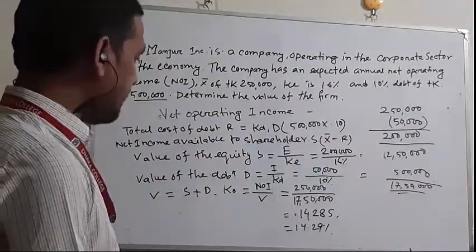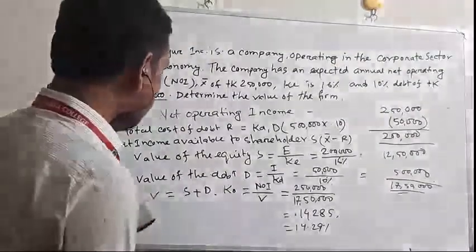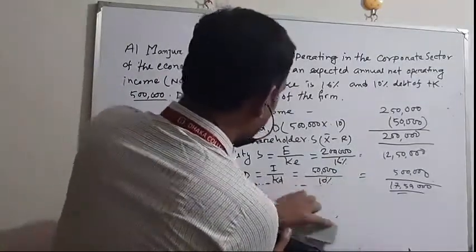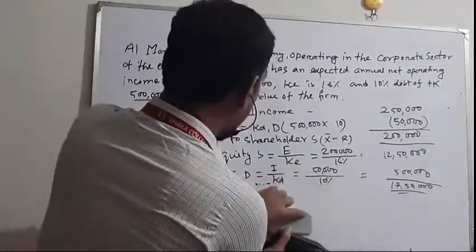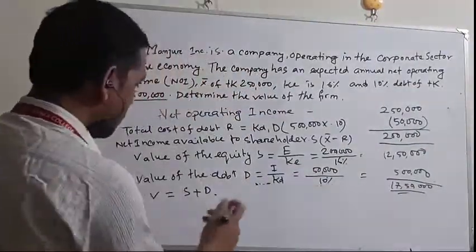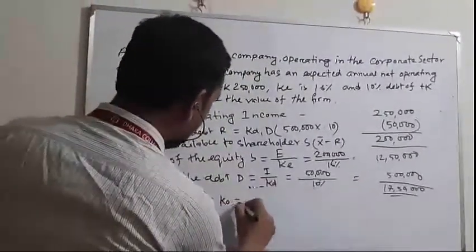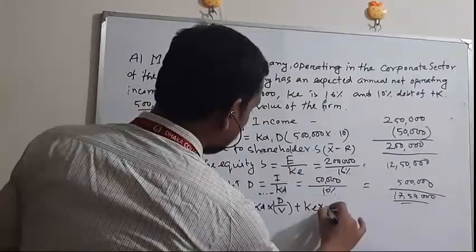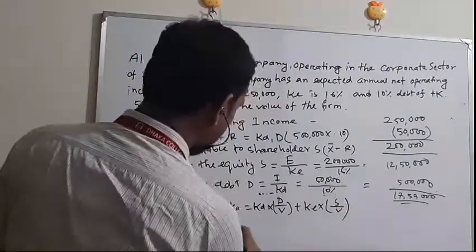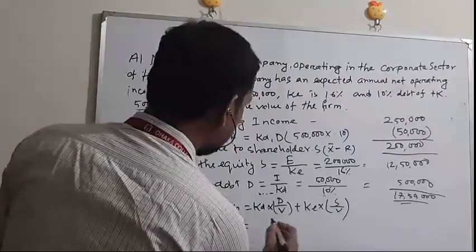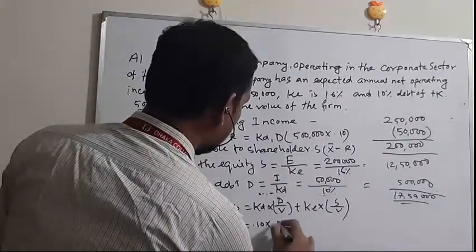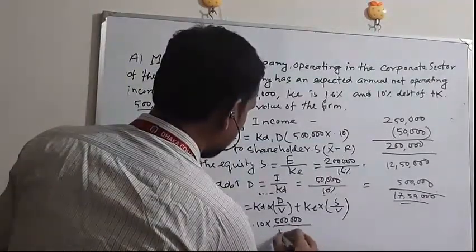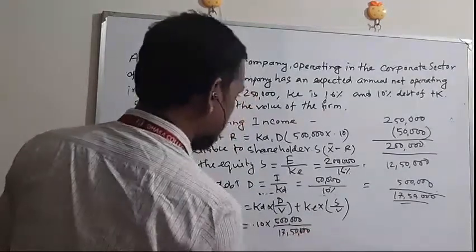We can bring it out another way. Dear students, we know that KO equals KD times D by V plus KE times S by V. So KD, the cost of debt, is 0.1, times D, the debt of 5 lakh, divided by V, 17 lakh 50,000 taka.